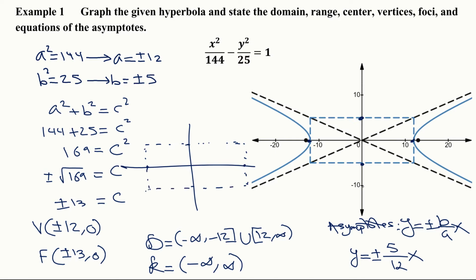Then you would draw your asymptotes just like that. These are all dashed because they're not part of the actual hyperbola. They're support objects that help us graph the hyperbola. Then starting at each vertex, you just smoothly move toward each asymptote.